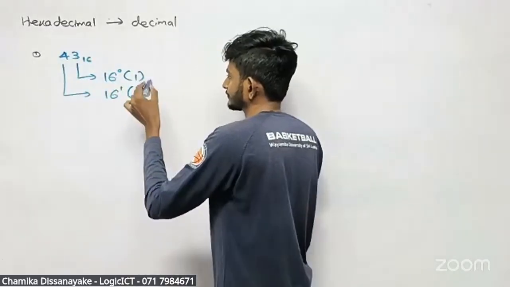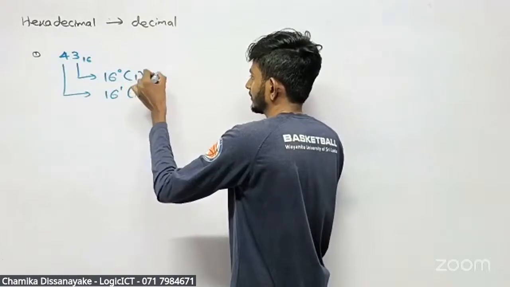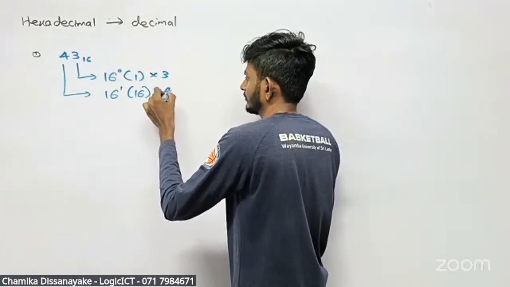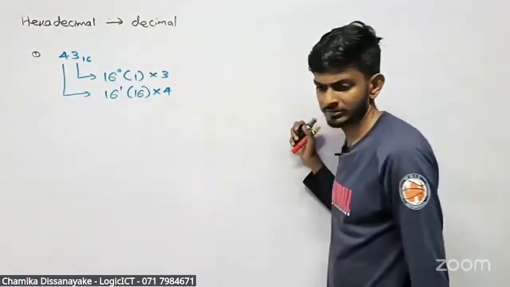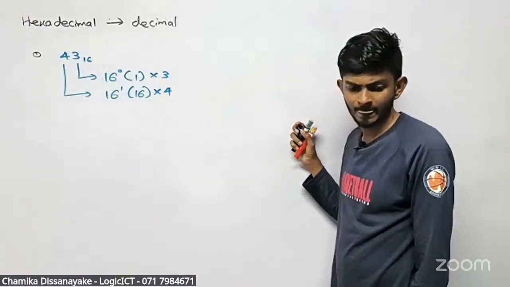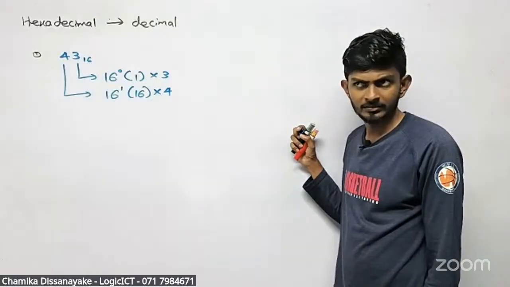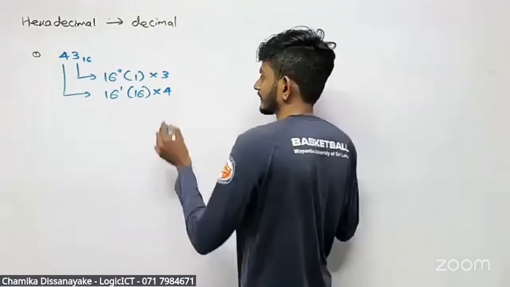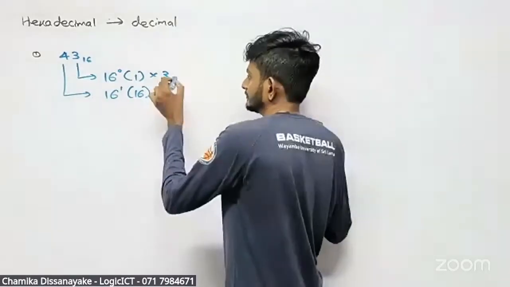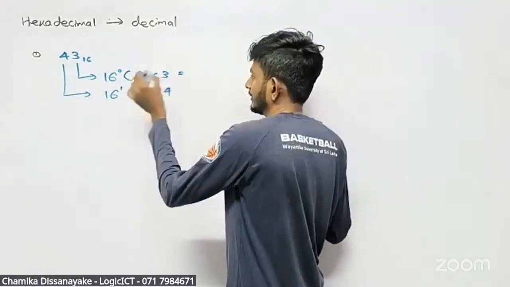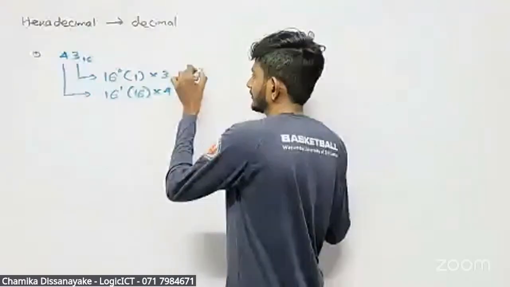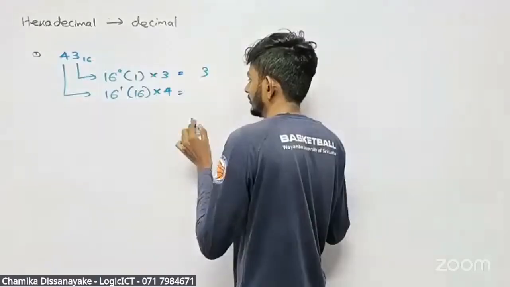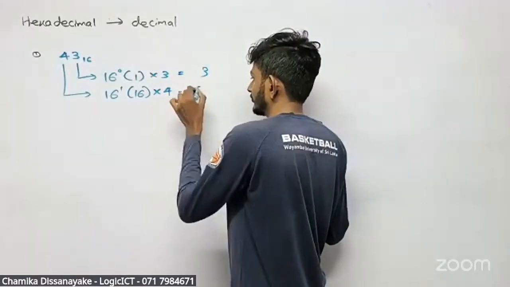Okay. So then here we are going to multiply this one by 3, and this one by 4. 16 by 4, that is 64.